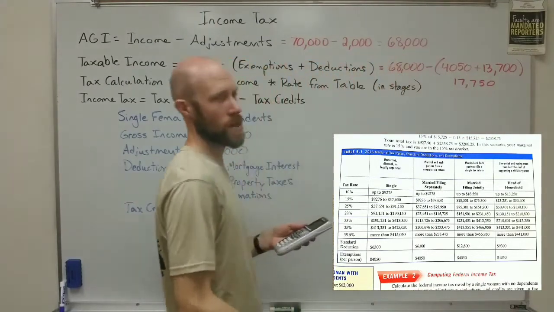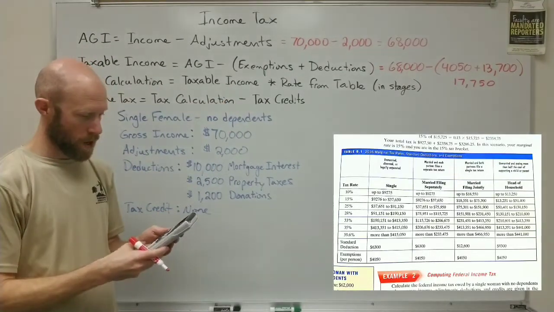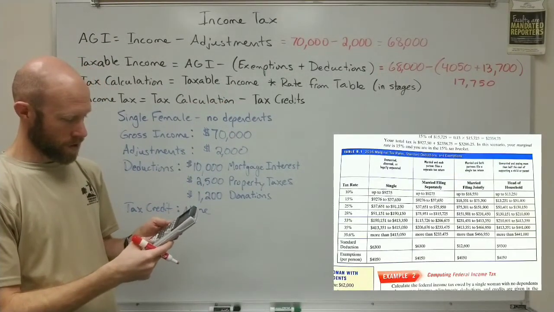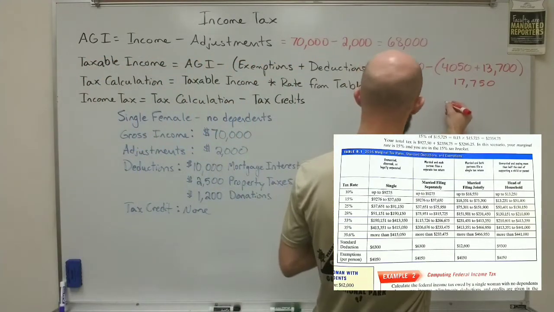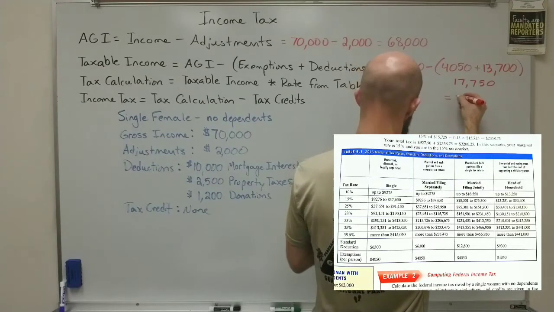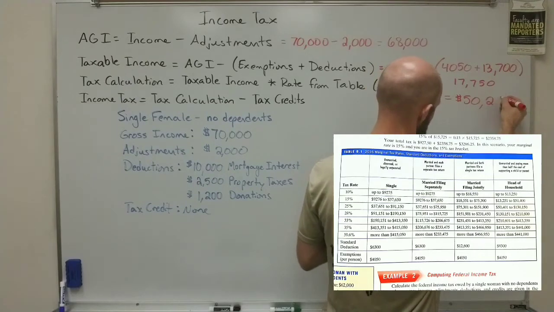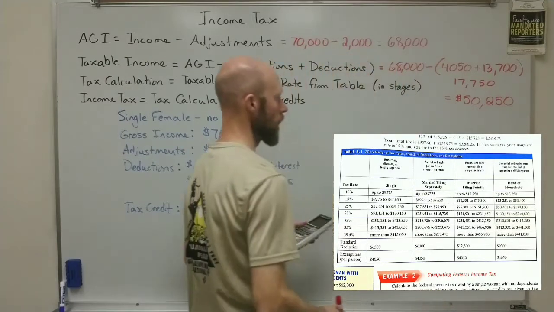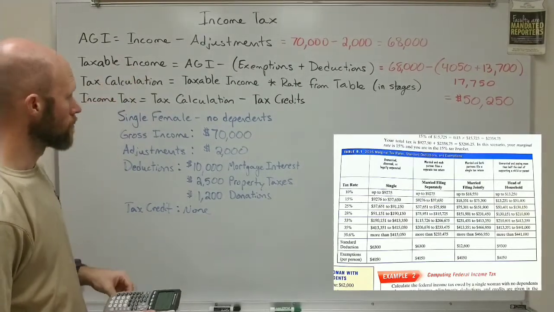So $17,750 is going to be removed from the 68,000, and we get $50,250. All right. So that's the taxable income.